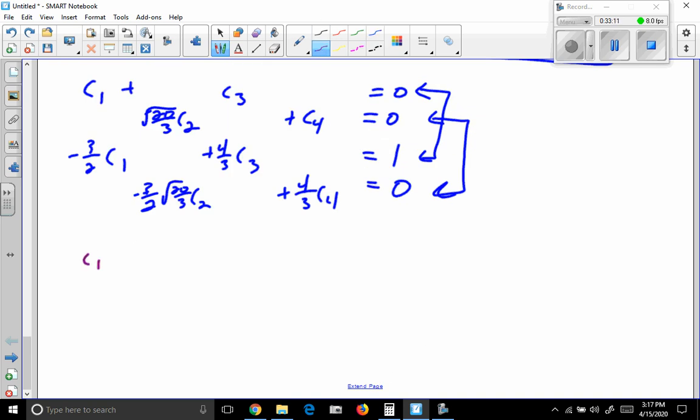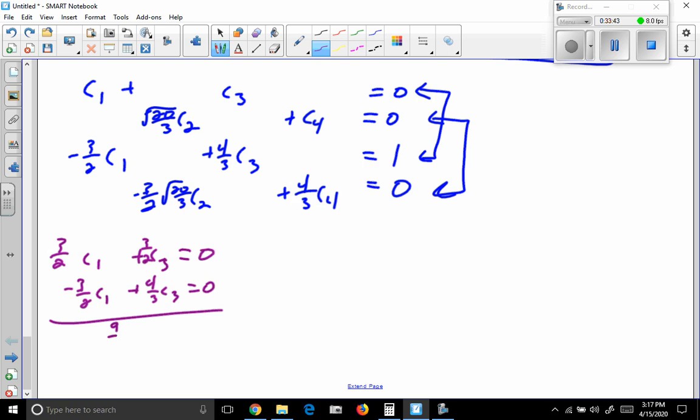We could call it C1 plus C3 is 0, minus 3 halves C1 plus 4/3 C3 is 0. To make these cancel, we can multiply the top equation by 3 halves. 3 halves over here would make a 0, so those cancel. So we're going to get 3 halves plus 4/3. So our common denominator will be 6.